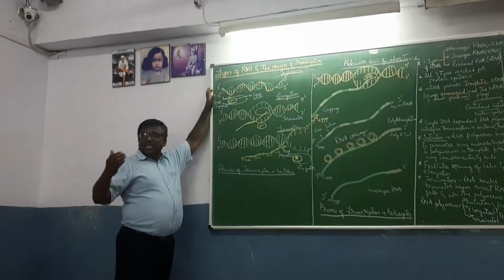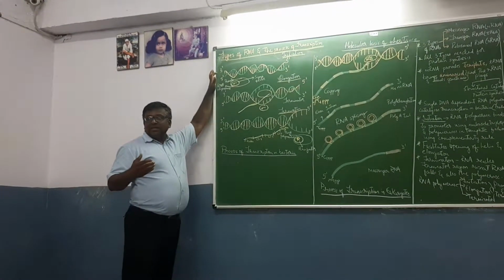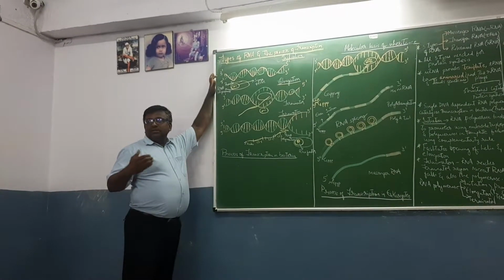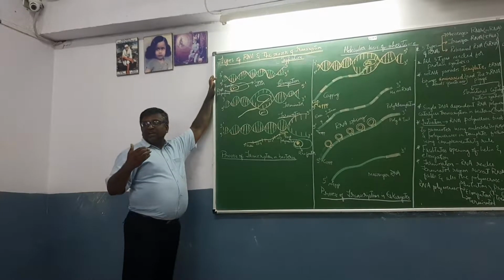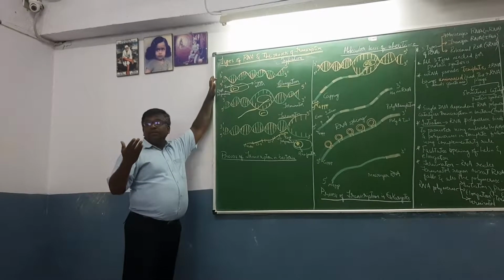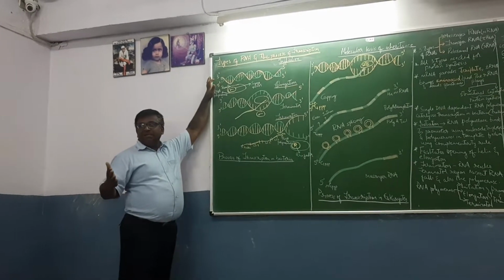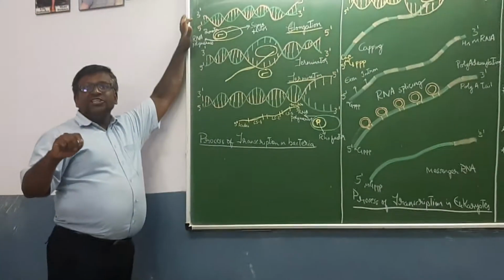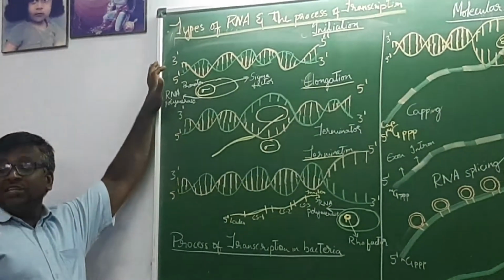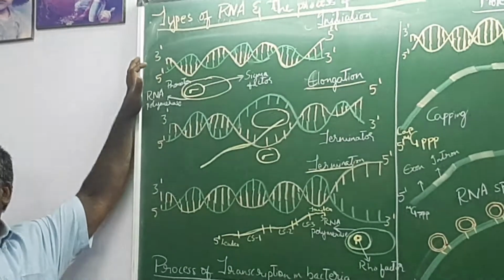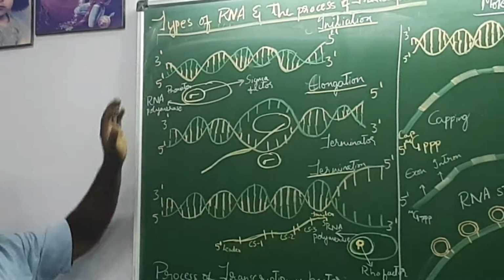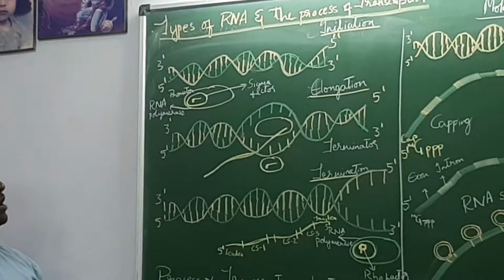The sense strand or coding strand would be the opposite strand. It has the same sequence as the synthesized mRNA, except that instead of thymine, the synthesized mRNA will have uracil. These were all what we had discussed in the previous class.